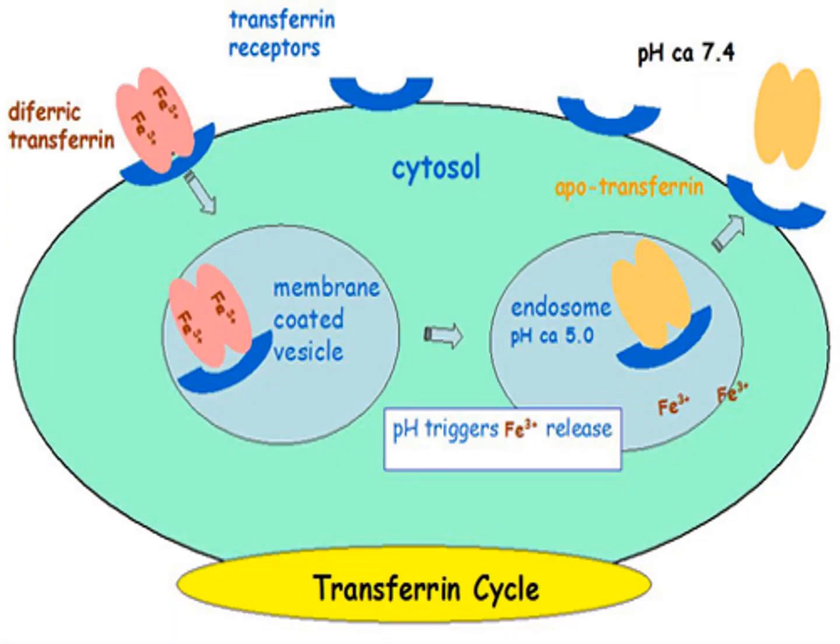So your transferrin receptors can bind to ferric iron. This one is called diferric transferrin. It has two ferric iron in it, and the absorption of this is through endocytosis, and it will form endosomes, and the pH 5.0 triggers the release of those ferric iron from the transferrin.